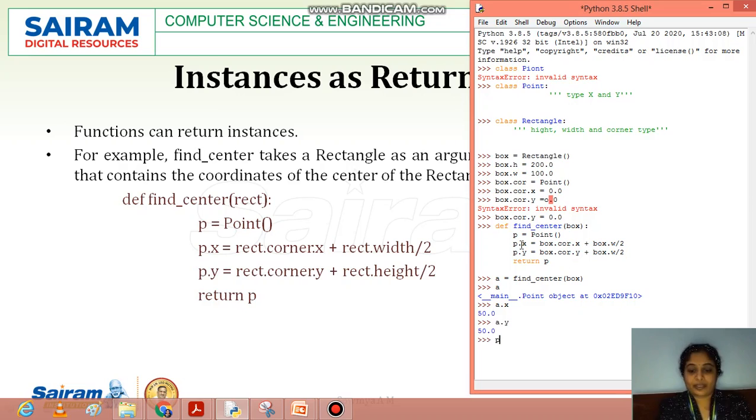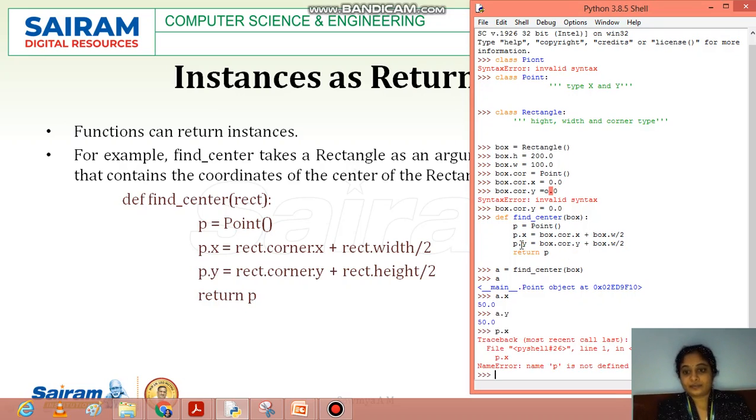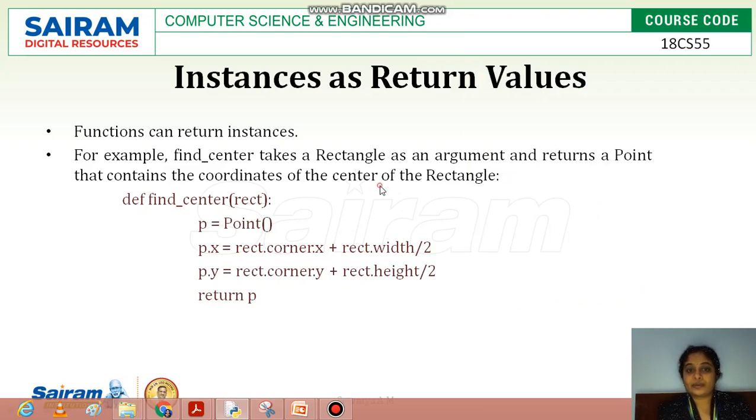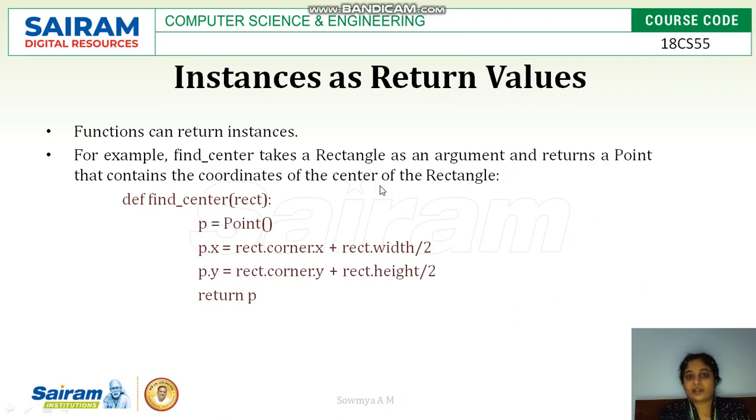If I give p.x, since I am not in the function, it is not returning the value p.x. So this is how we can use a class object, or the instance of a class, as a return value for the function.